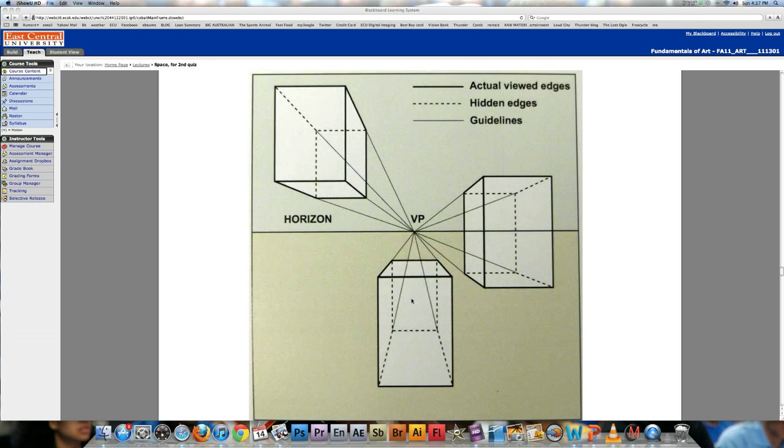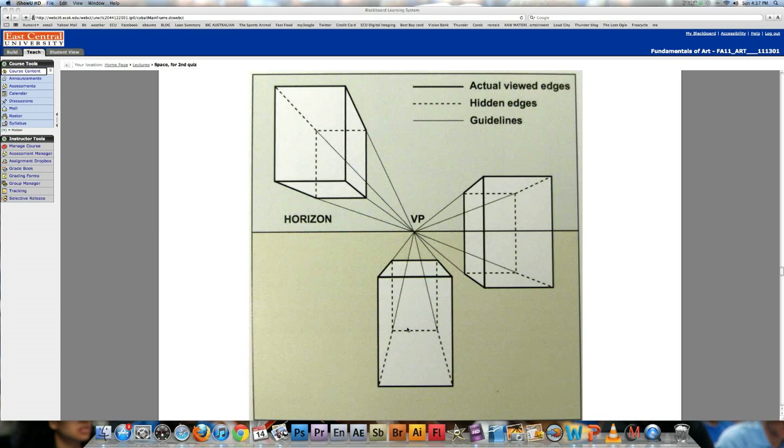And here we have an example of 1-point perspective. Again, just making different cubes. So here we have the horizon line, which represents eye level, and you have a square, or actually a rectangle here that was drawn, here, and here. So you can see that this one that's above the horizon line, we can see the bottom of this cube, and we can see the right side.